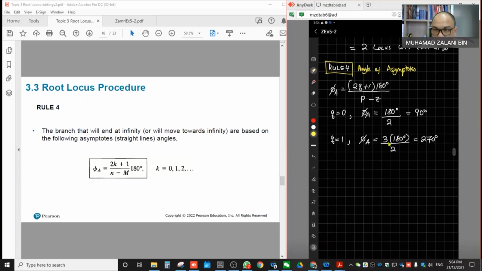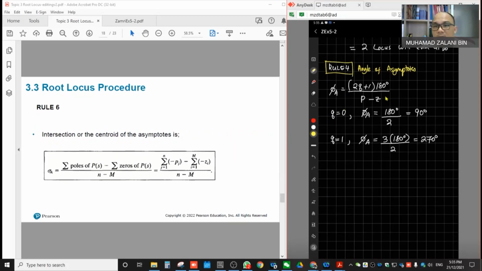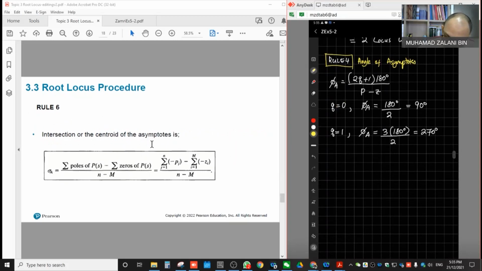Once we find the angle of asymptotes, before going to rule number 5, which involves sketching, I would like to go to rule number 6 first.